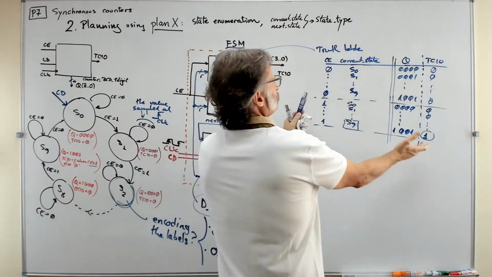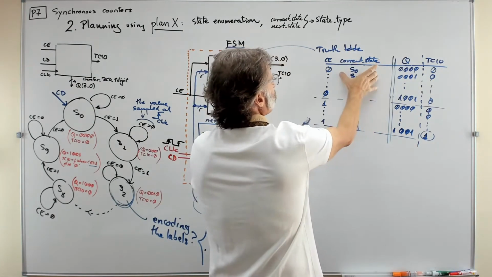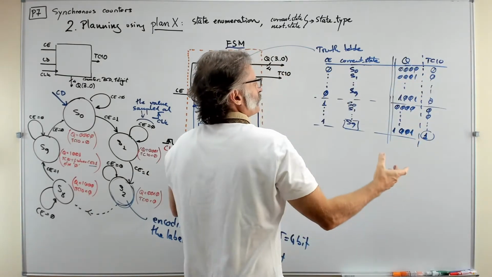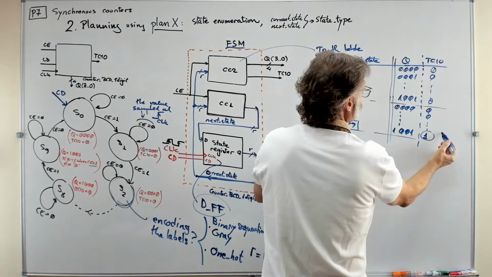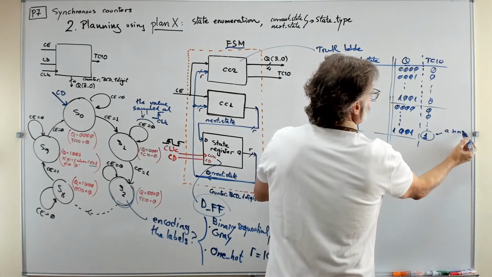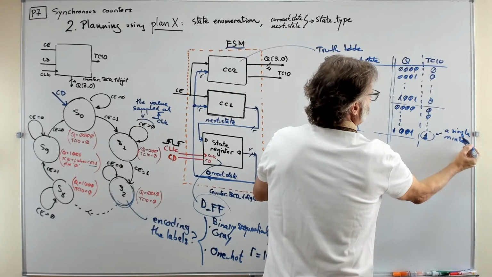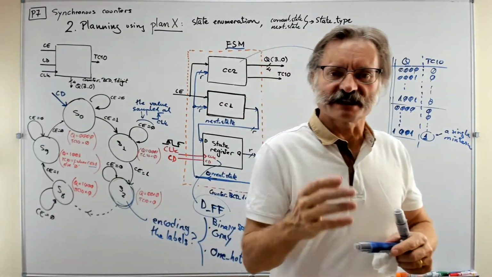You can imagine that the current state is what you need to set the Q simply, and in order to set the TC10, it's a very basic function that has a single mean term, the number of which depends on the way that you are encoding the states. This is the advantage here.